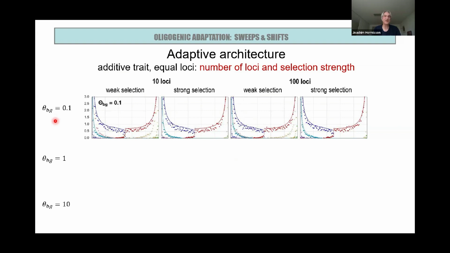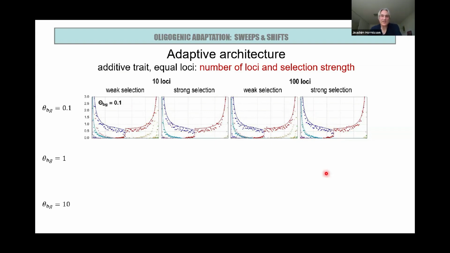What you see here is basically 4 times the same figure. These solid lines are our theory lines, and these dots are simulations. There's almost no visible difference, whether this is 10 loci or 100 loci, whether it's weak selection or strong selection.